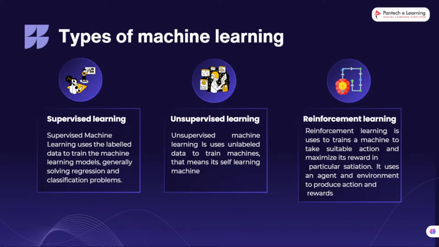Simply said, the teacher knows the question and also the answer, but the student only knows the question. In the exam period, the teacher knows the question as well as the answer, but the students only know the question and have to find out the answer. Only then do we say supervised learning is a teacher-student concept.